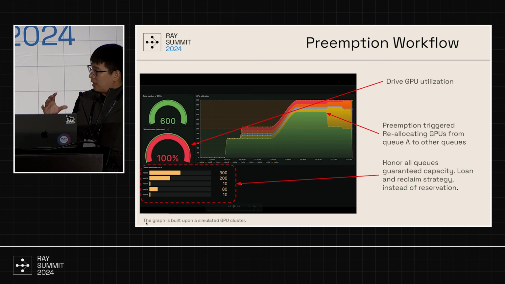If you compare the two charts, the first queue uses 400-plus GPUs, but after preemption, over time, all the queues exactly get the guaranteed capacity as previously defined. So this is how we make it work in production, giving guaranteed capacity and max capacity to each of the teams. We manage the queues like this for production clusters, and it works very well.